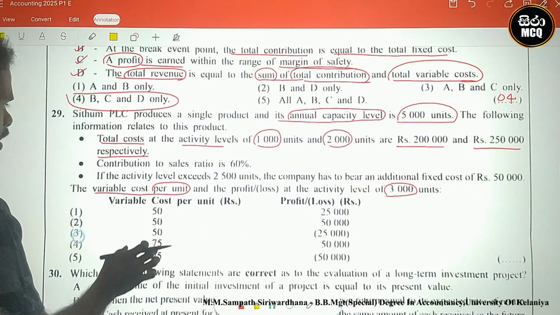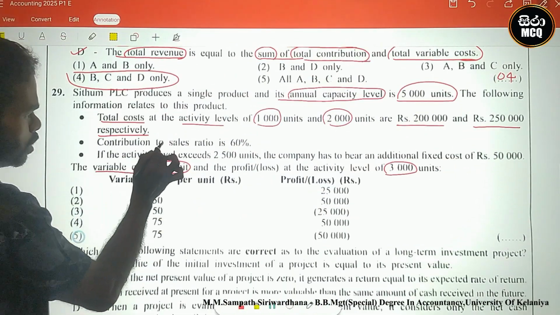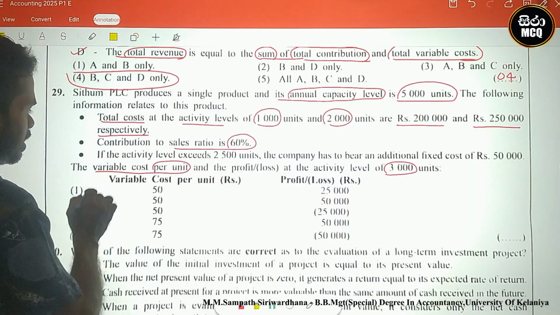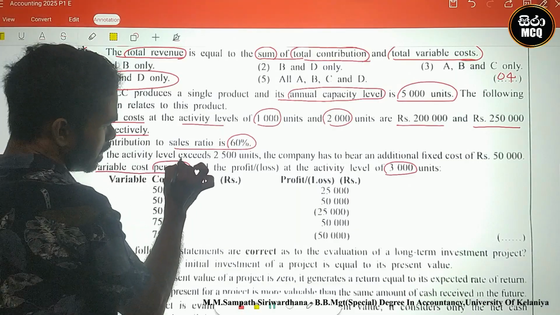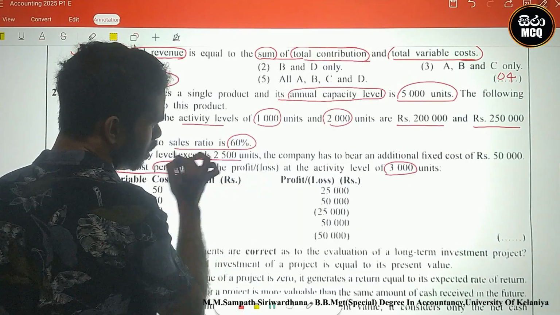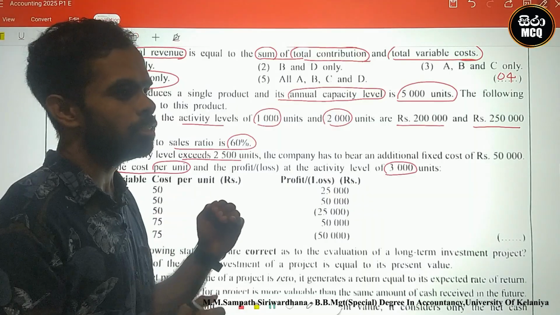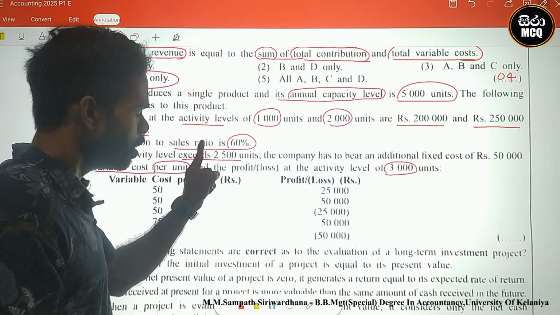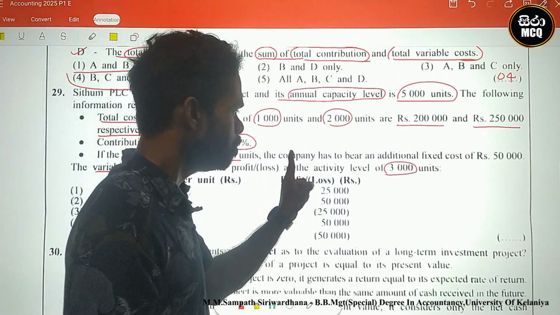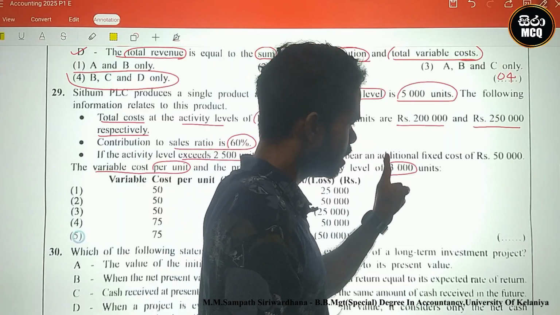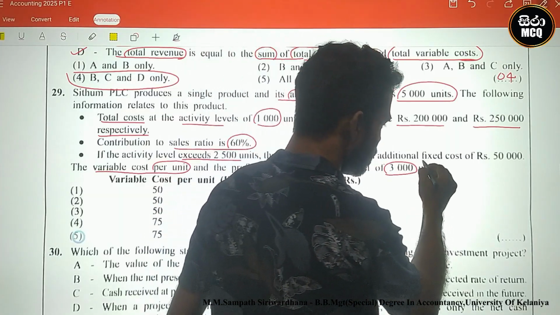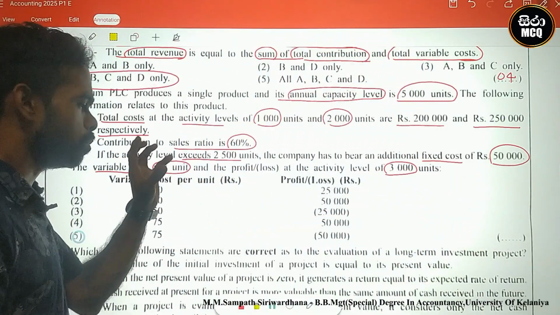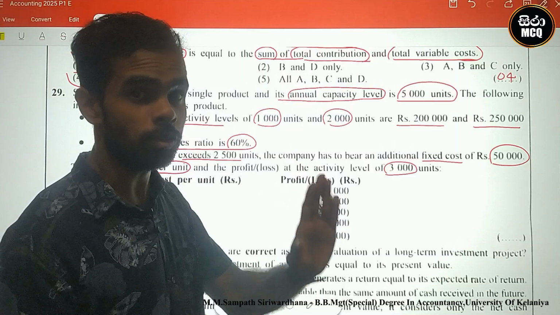The other information is that the contribution to sales ratio is 60%. Another one is, if the activity level, meaning production units, exceeds 2500 units, the company has to bear an additional fixed cost of 50,000.